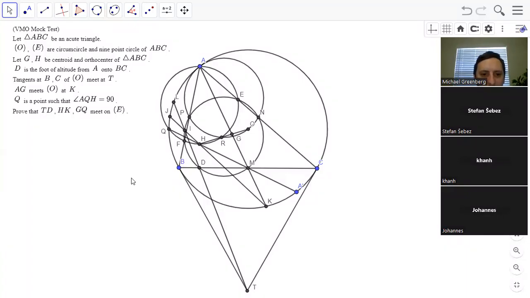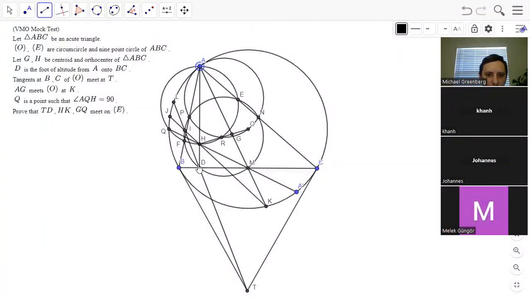Okay. So we want to show that PD and HK meet on the circle, and then we want to show that Q, I, and G are collinear. Let me draw the altitude.